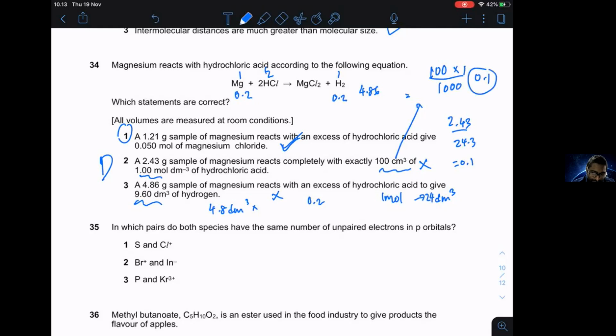No, because there are 2 moles over there, so this one is definitely wrong. So the answer is D. 34 is D. Please change.